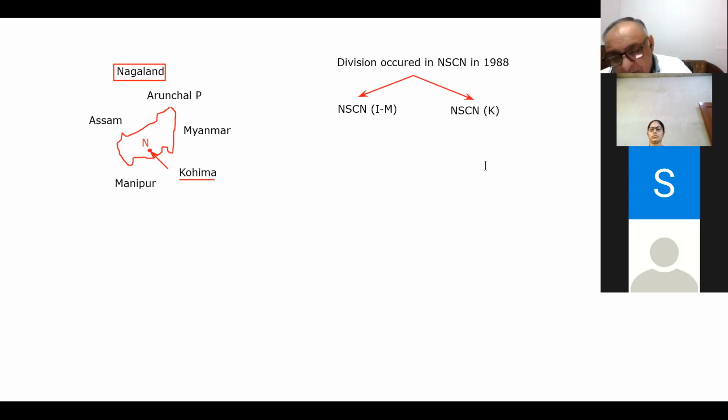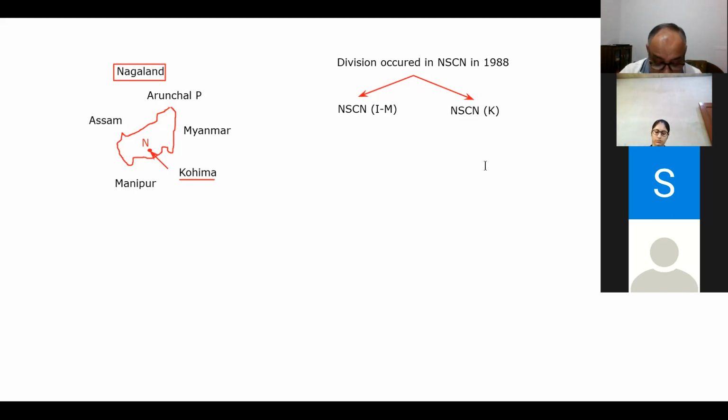So there was dissatisfaction that the majority cadre belonged to the Konyak Naga tribal group, while the leaders leading it, Isaac and Muivah, belonged to the Tangkhul tribe. That led to the bifurcation of this group.